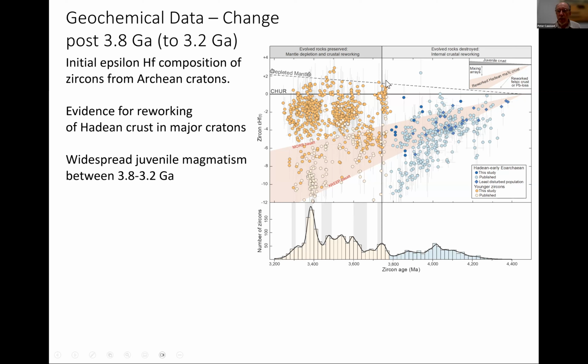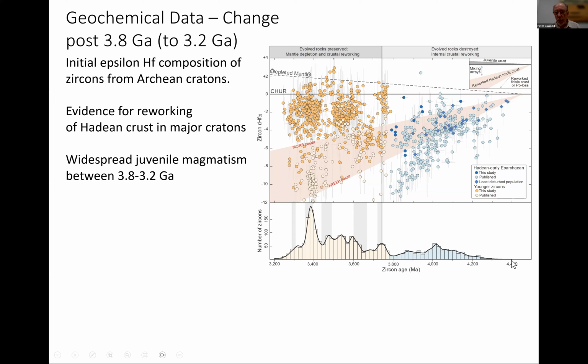But suddenly, at around 3.8, we see this influx of juvenile material that's come in part straight from the mantle, or some mixture of mantle-derived and crustal-derived material mixing between the two. So, a dramatic change.